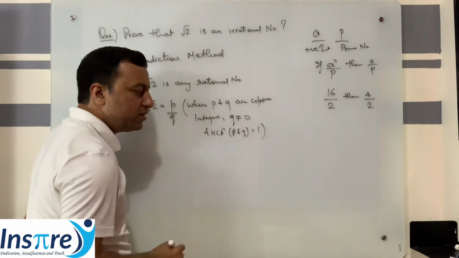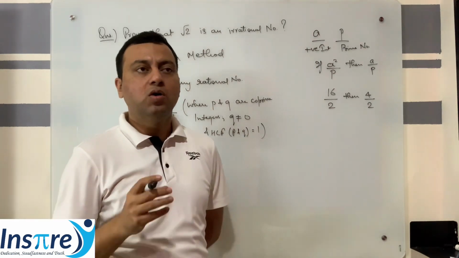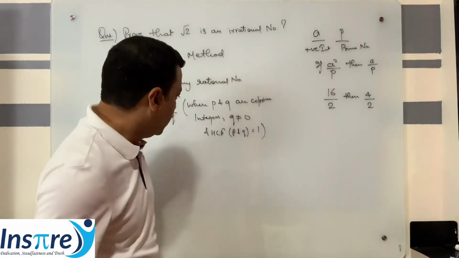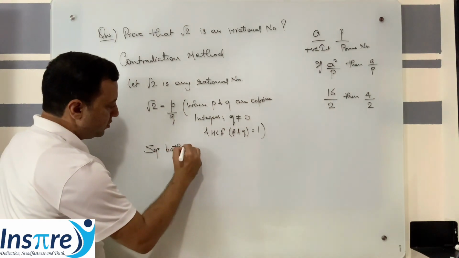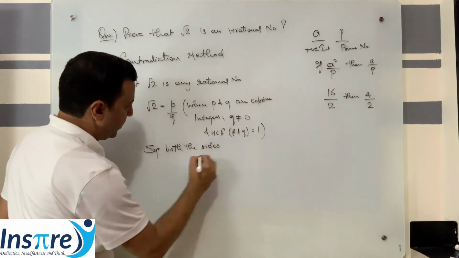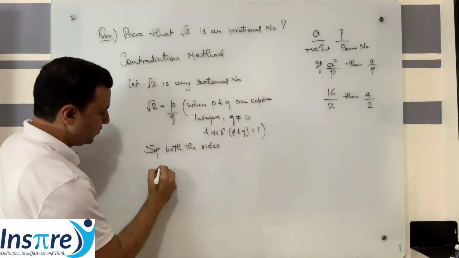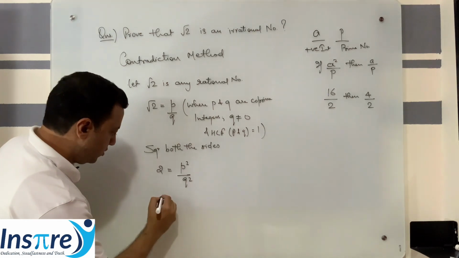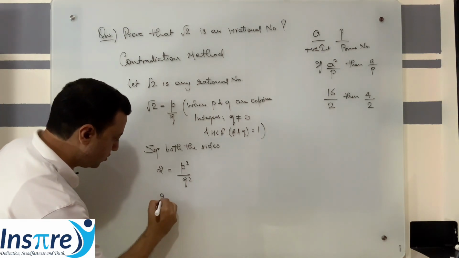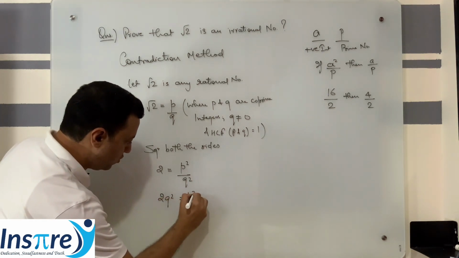What are co-prime numbers? Co-prime numbers are any two numbers whose HCF is 1. Now square both the sides. So 2 will be equal to p square by q square. Cross multiply, so 2q square will be equal to p square.